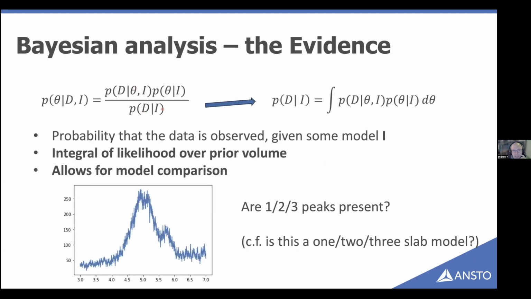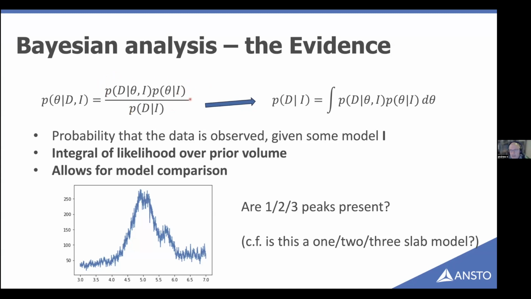So the evidence term in the denominator is this integral, basically the integral of the likelihood and the prior over all the different sets of values that the parameters can take on. So it's kind of intuitive, right? You're trying to normalize the top, so you have to integrate over all of that space.